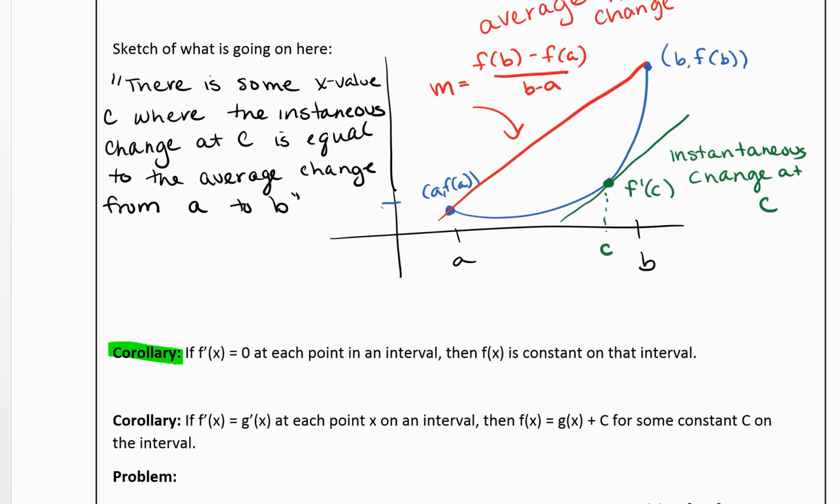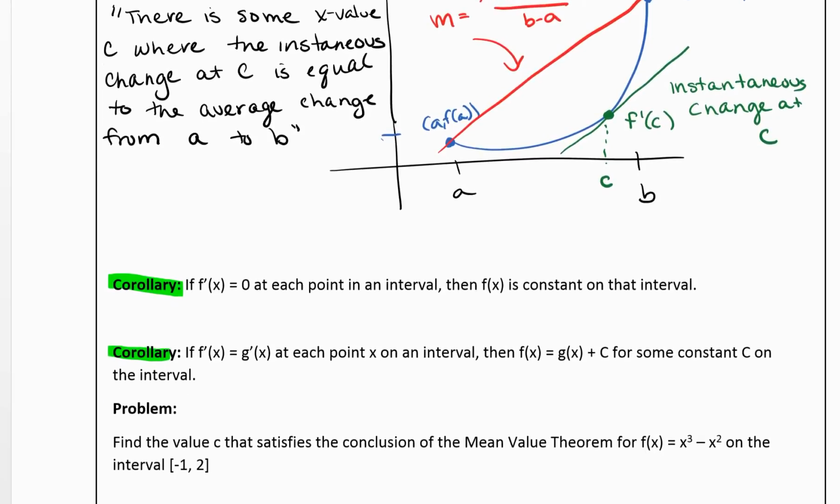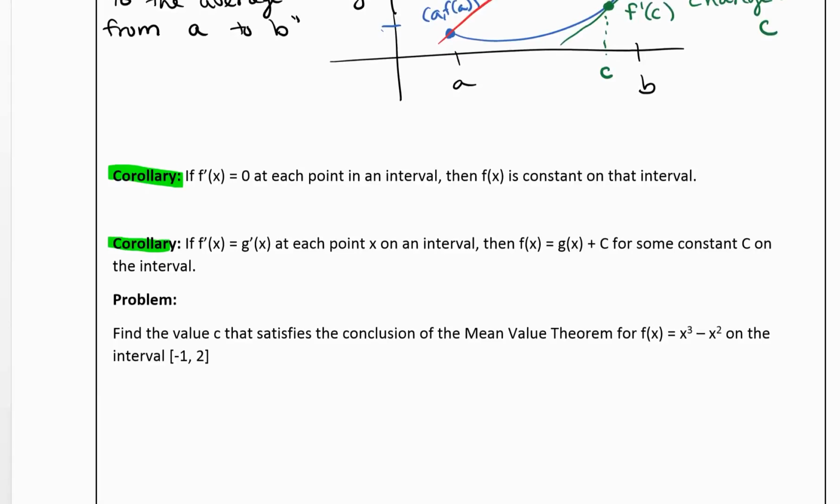If your derivative is 0 at every point on an interval, then your function has to be constant on that interval. And our next one says if two derivatives are equal, then the functions have to be equal, except you could add a constant to the end of them. We'll come back to that later in the course and talk about what it means.